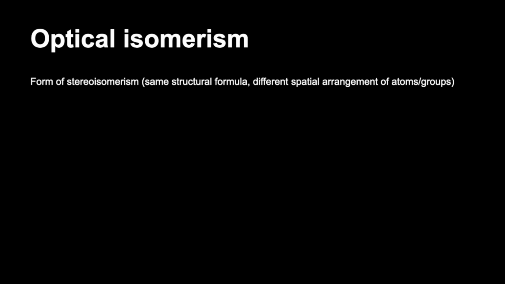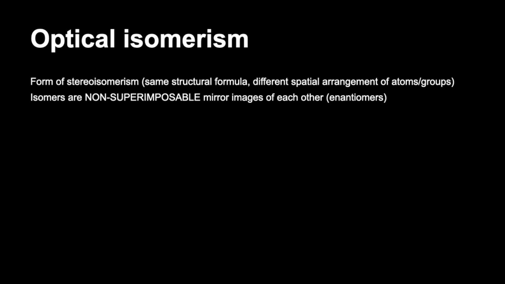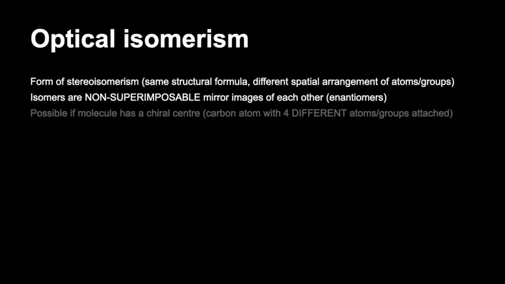And now, as promised, some slides on optical isomerism. So it's a form of stereoisomerism, so that means they've got the same structural formula but different spatial arrangements of the atoms or groups. Optical isomers are described as being non-superimposable mirror images of each other. They're also known as enantiomers, and it's possible if the molecule has what's called a chiral center.